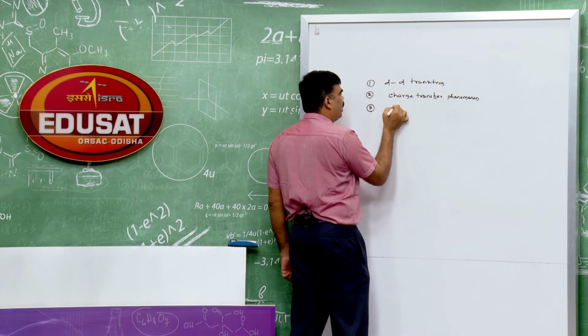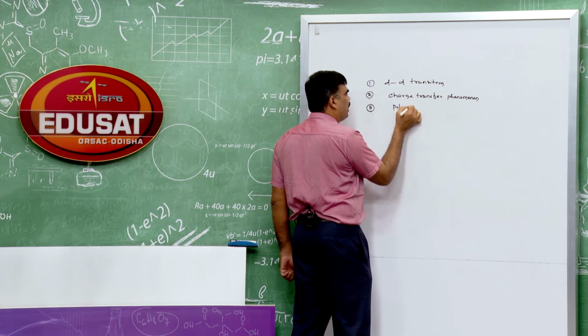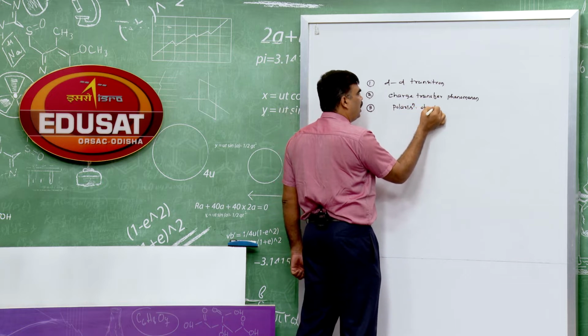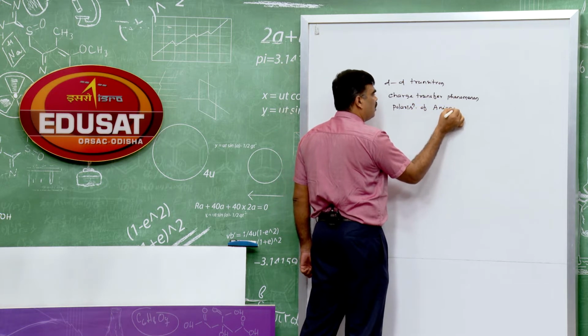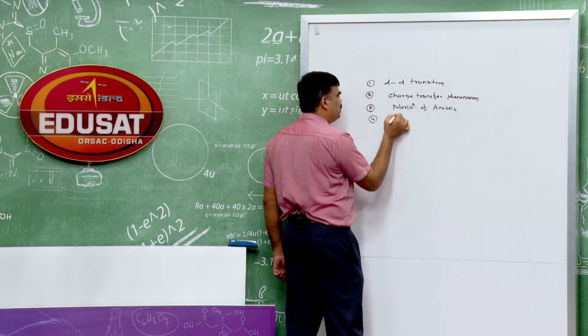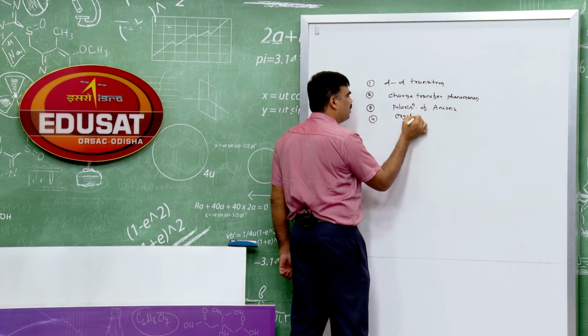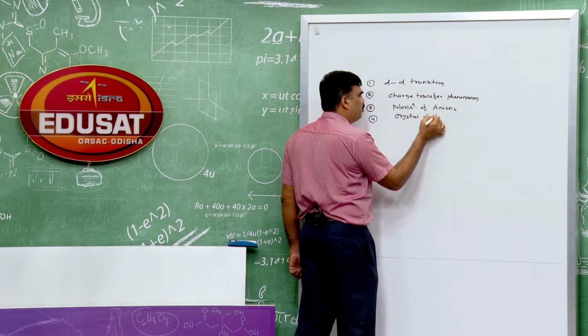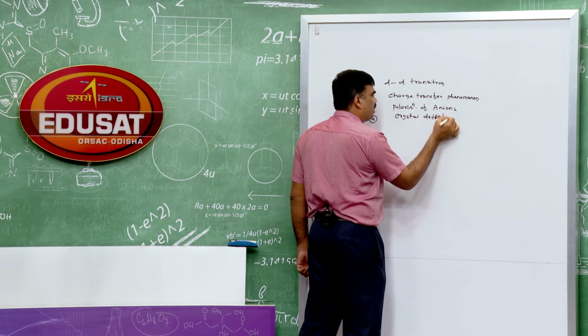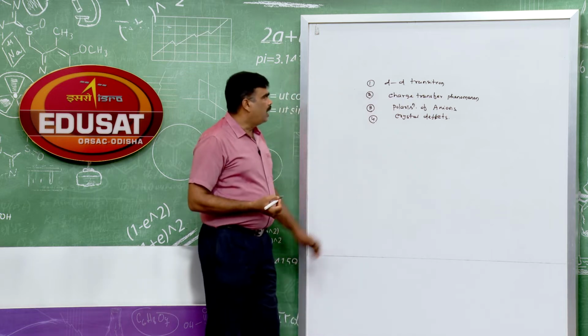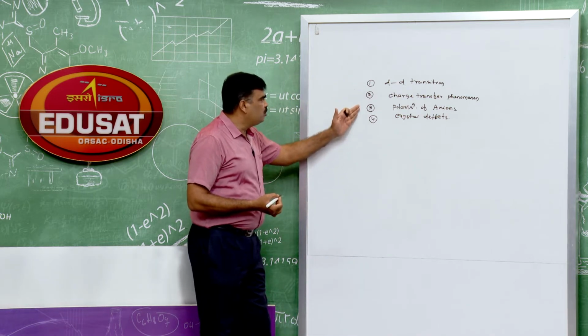Third one is polarization of anions. Fourth one is maybe crystal defect. Due to these four reasons, transition metal compounds are colored, either due to this reason or this one.